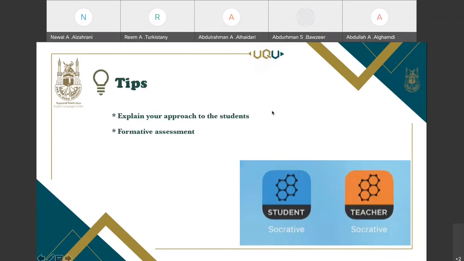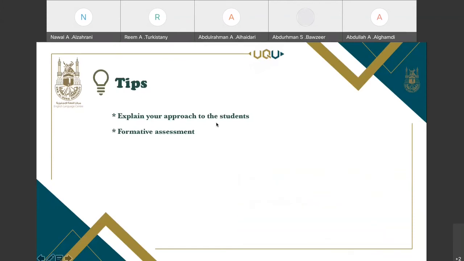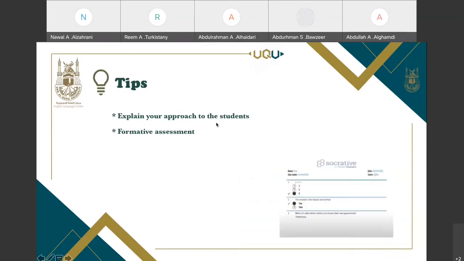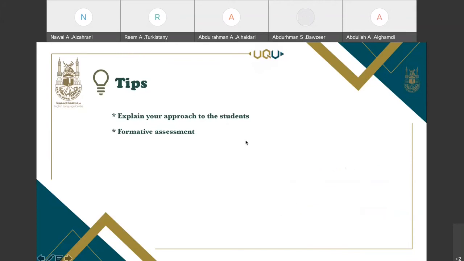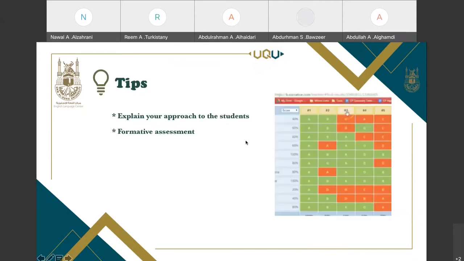In this app, you are able to send some quizzes and find out whether the students are following up with you or not. At the same time, you can monitor, for example, start the video, pause, give them some questions, and then continue the video. Another thing is that you can follow up.